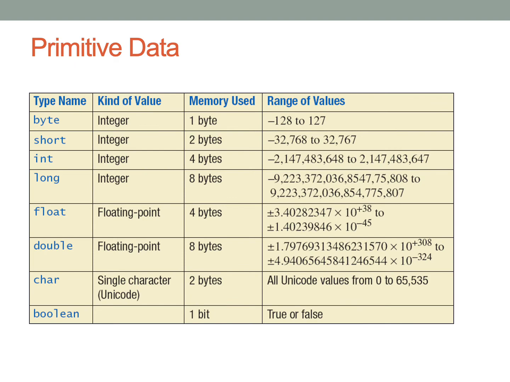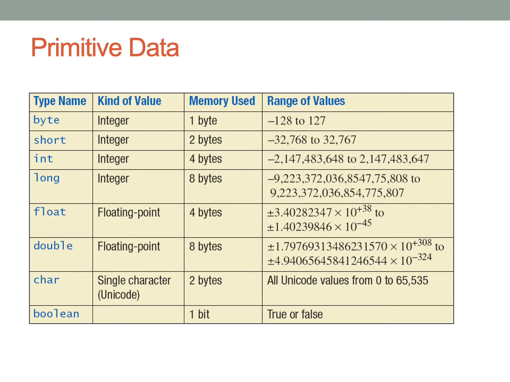This slide shows the different types, the kind of value, memory used, and also the value range. It depends on the precision and how big the values that you want and need to have in your program. For example, we can compare byte and short. Byte and short have integer values, which means they represent numbers.